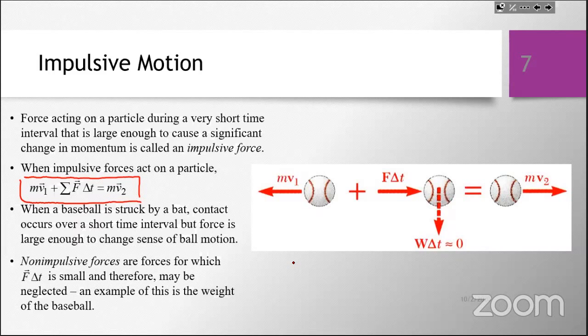So on that diagram, the baseball points this way, and the force of the bat points this way. So think about what happens. The ball's momentum is coming towards the batter, and the batter applies a force in the opposite direction of the momentum. So the impulse force, in this case, would be acting opposite of the momentum. And then in the final case, we've changed the direction of the ball. It's going the other way.